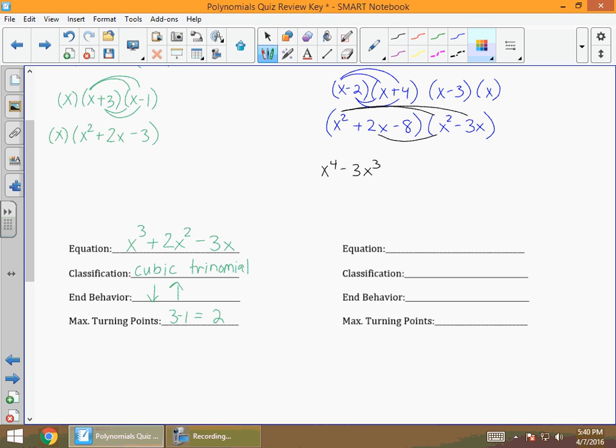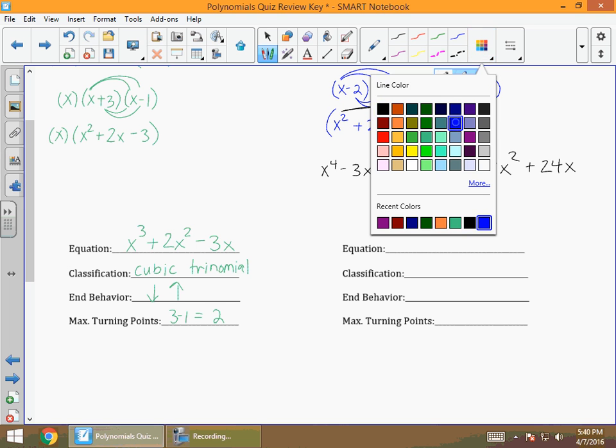Then I have 2x times x squared is 2x to the 3rd. And 2x times -3x is -6x squared. And lastly, I'll do the 8. So -8 times x squared is -8x squared. And -8 times -3x is positive 24x.